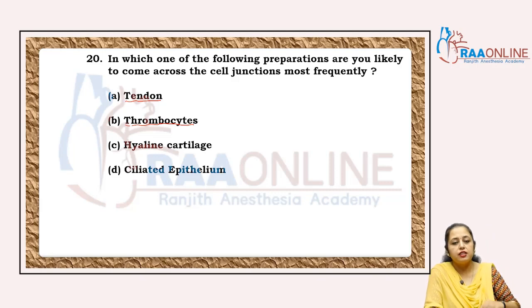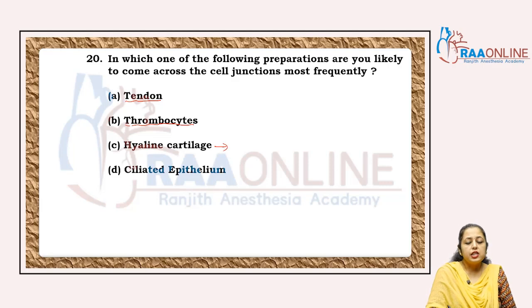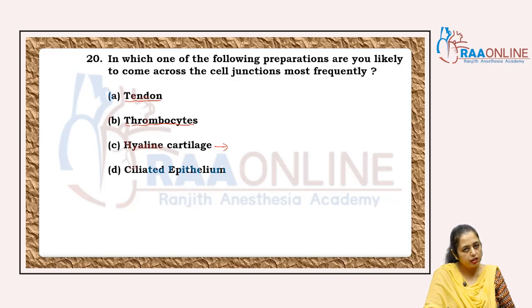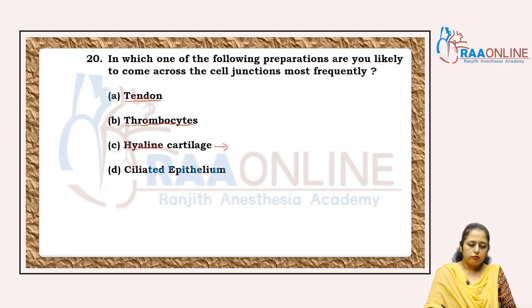Hyaline cartilage is the most abundant form of cartilage present in the body, and its matrix is glass-like and translucent, right? But that hyaline cartilage is present at the articular surfaces, right? That's why the answer is not that.